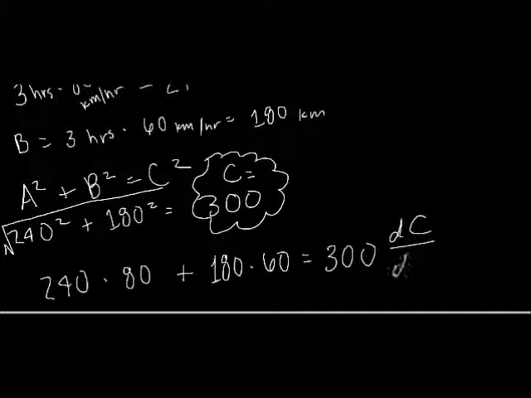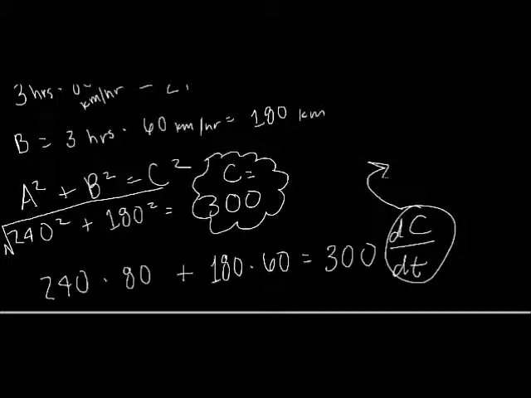And we're going to solve for dC dt. And that's going to get us 100 kilometers per hour.